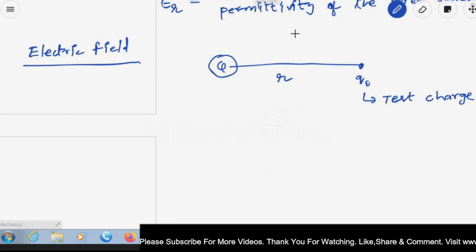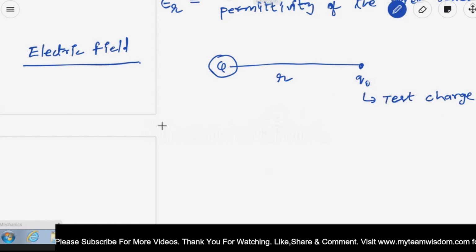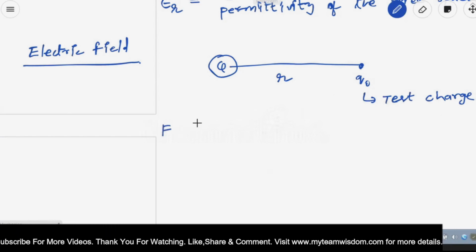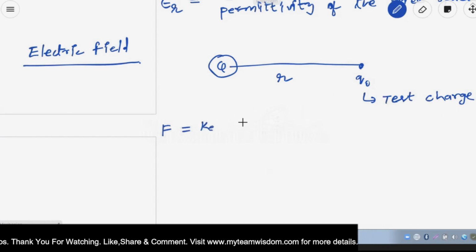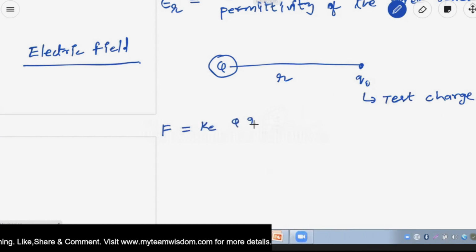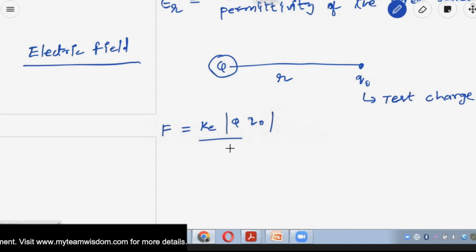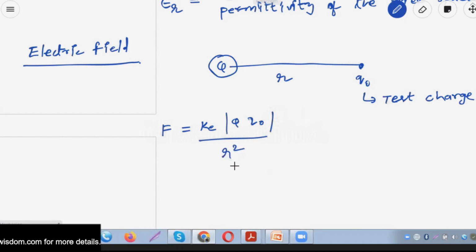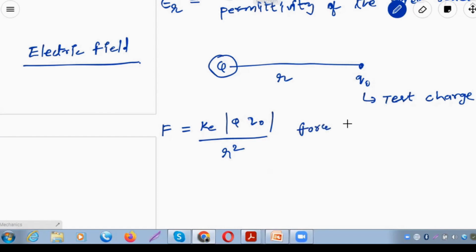According to Coulomb's law, if it is free space, what is the electric force magnitude? F is equal to Ke into capital Q into small q naught by R squared. Am I correct? This is the force of interaction between Q and Q naught.